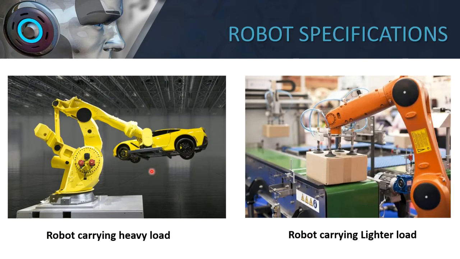Over a period of time, the joint, which is subjected to that particular stress while carrying the load, might decrease its accuracy, and then the accuracy the robot should provide, it will not provide. Whereas with a robot carrying a lighter load, there will not be that much impact on the joints, that is, the stress will not act much upon the joints, since the wrist is carrying the lesser load.